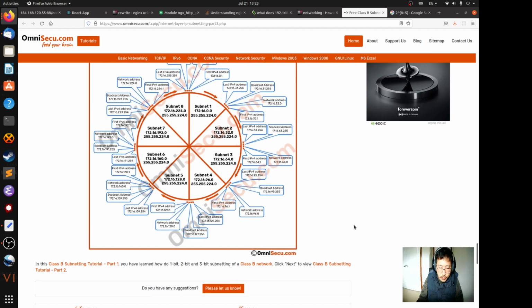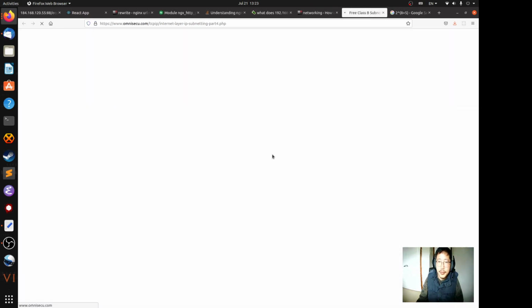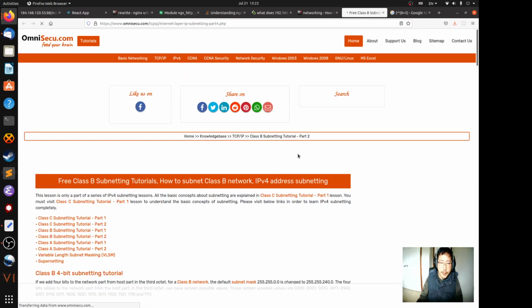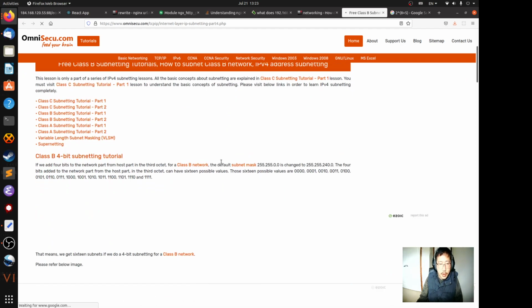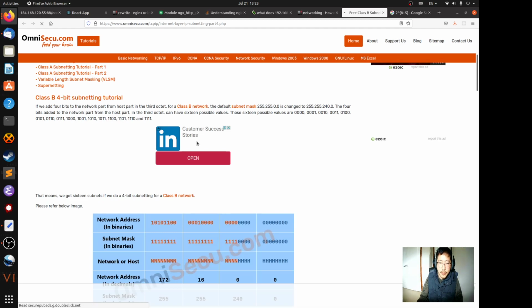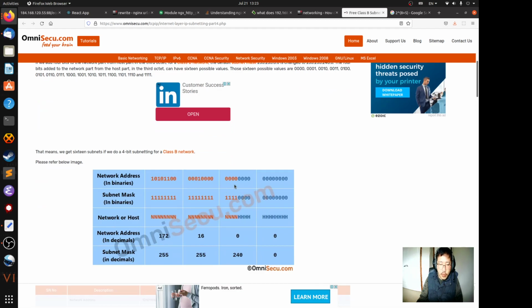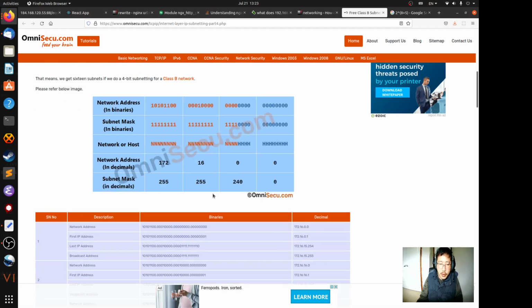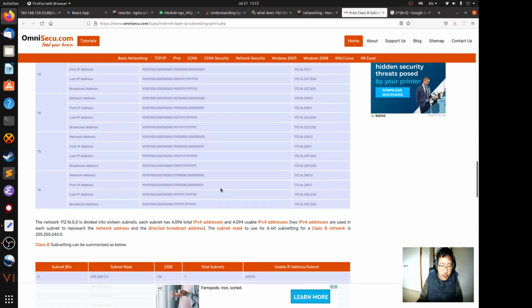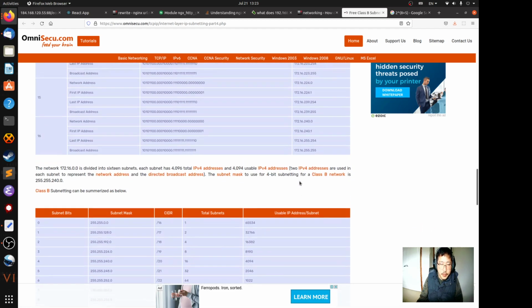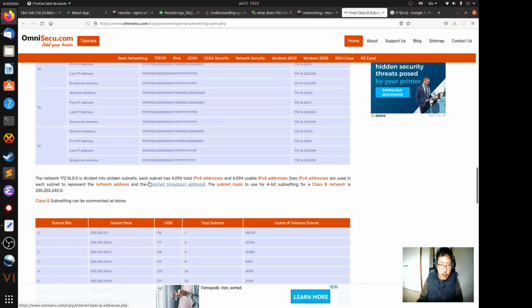Now let's go to class B, part 2. Okay, 4-bit now. Wait for the pictures to load. Okay, so the 4 bits, we borrow 4 bits for the network. So how many networks possible? 2 to the power of 4, 16, right? We got 16 different networks. Okay, so how many hosts possible for each subnet?